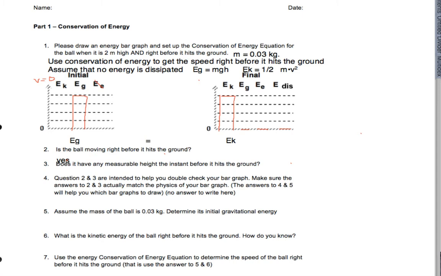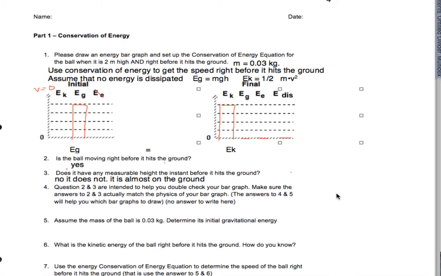Does it have any measurable height the instant before it hits the ground? The answer to that is actually no, it doesn't. That was something we stipulated in the problem. It is almost on the ground. Now, based on these two facts, our equation here is consistent with the graph.